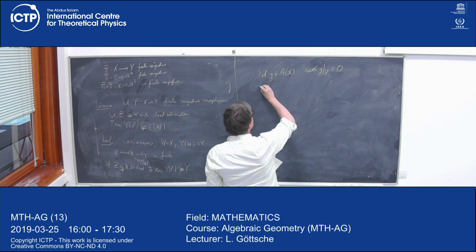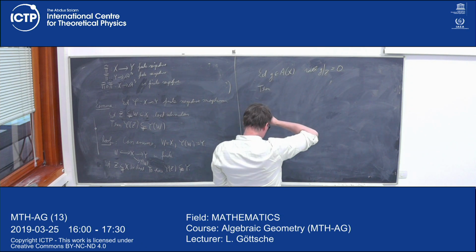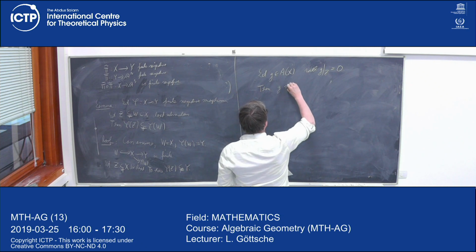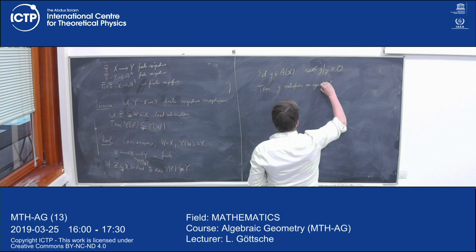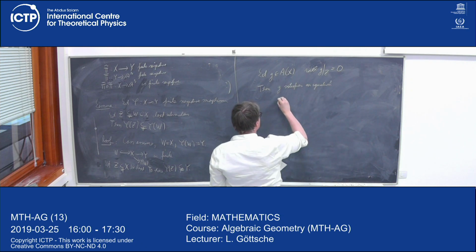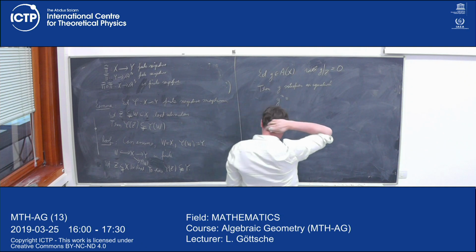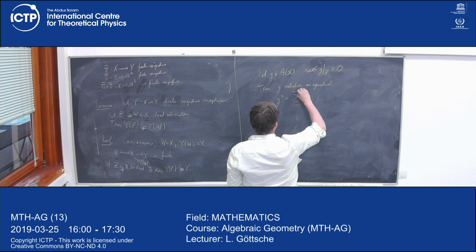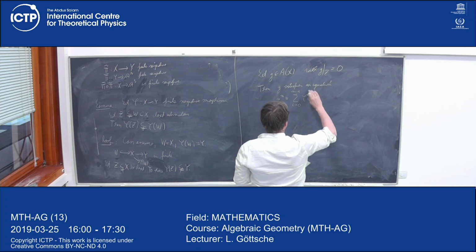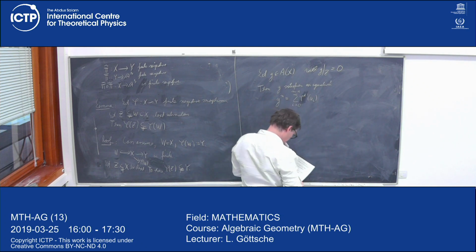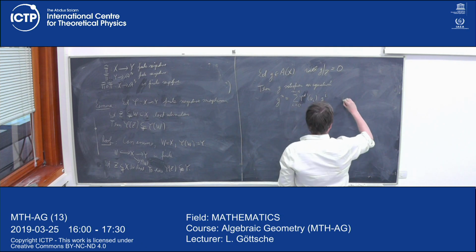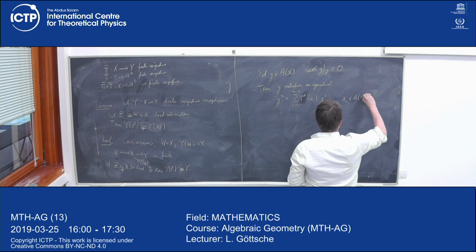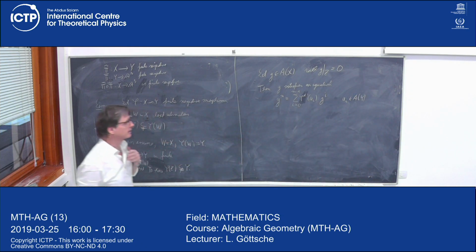So G satisfies an equation G to the n, bringing it to the other side, is equal to the sum i equals 0 to n minus 1 of phi upper star of a_i times G to the i, where the a_i are some elements of A of Y. This is the statement that this is a finite map.